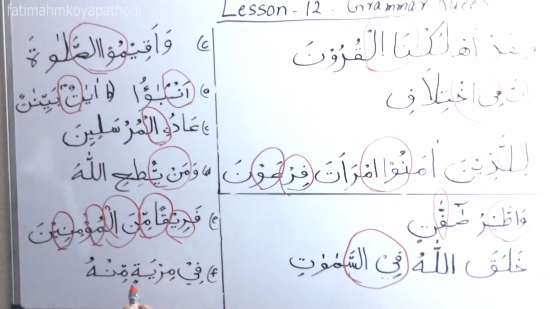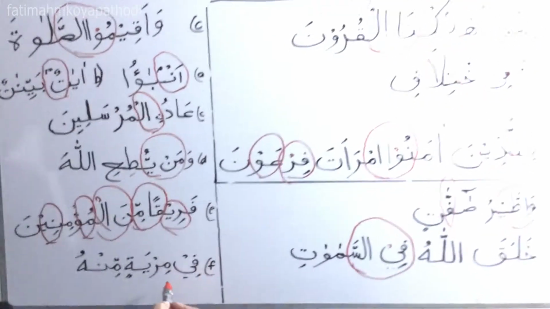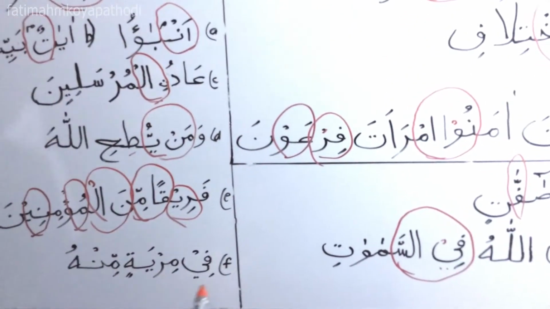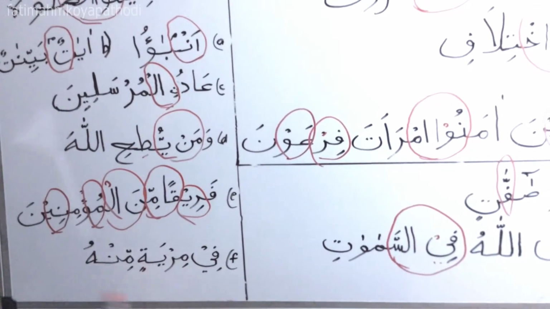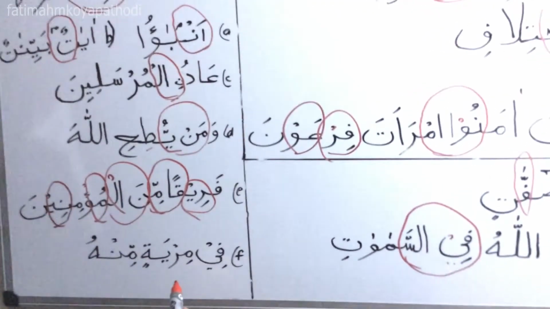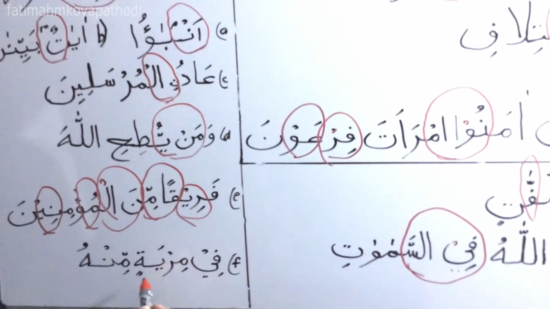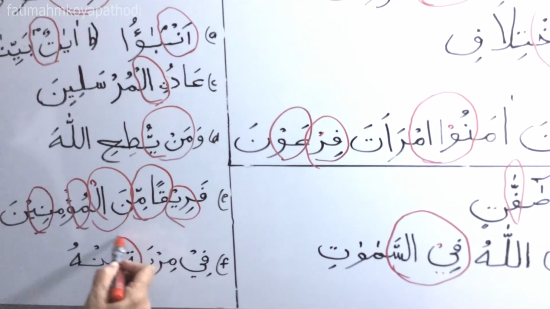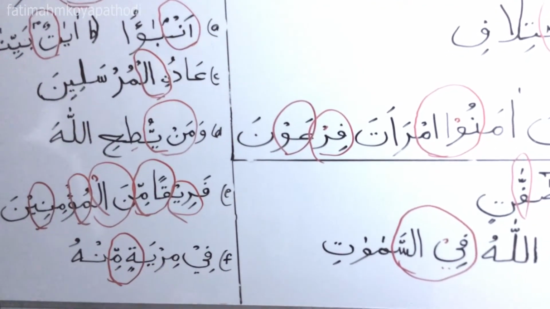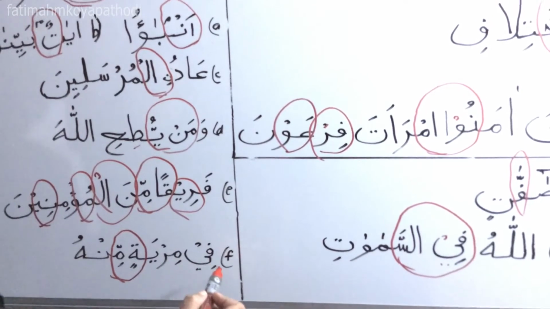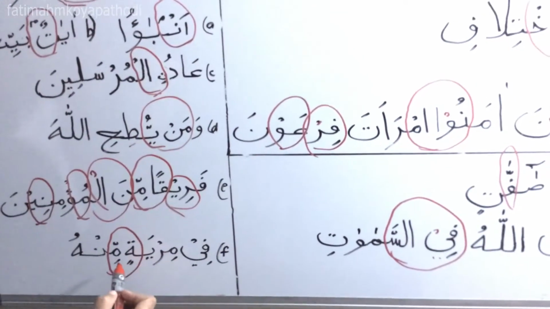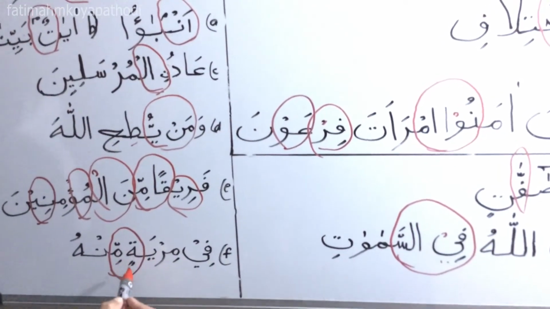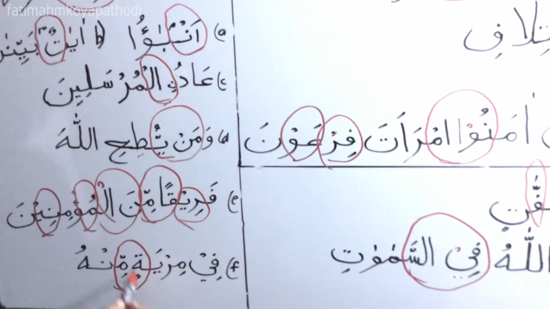Fi miryatim minhu. Here fi miryatim minhu. So fi is the lengthened kasra. Miryatim. So here the rule is between these two letters. Tim. So again the tin, the noon is dropped and takes over the meme.